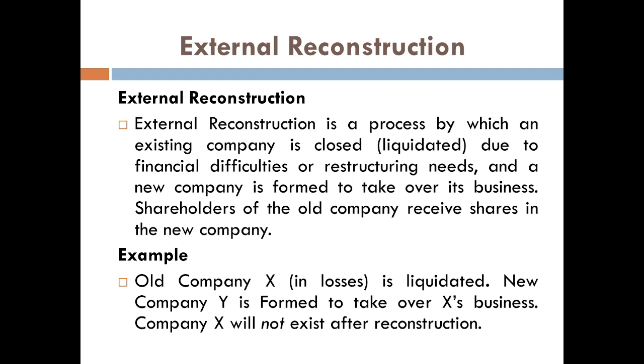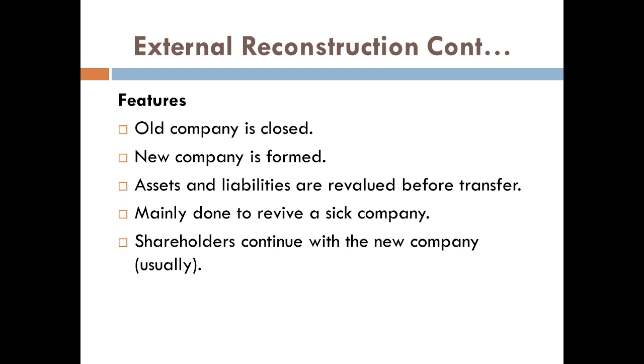So here we understand that in case of an external reconstruction, the company is first liquidated, then its assets, liabilities and capital are reconstructed to form a new company. Features of external reconstruction. Number 1, the old company is closed.